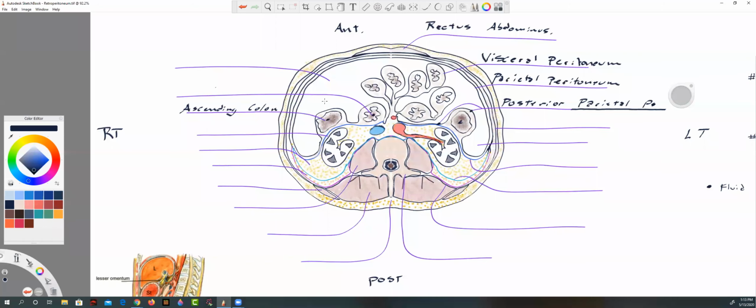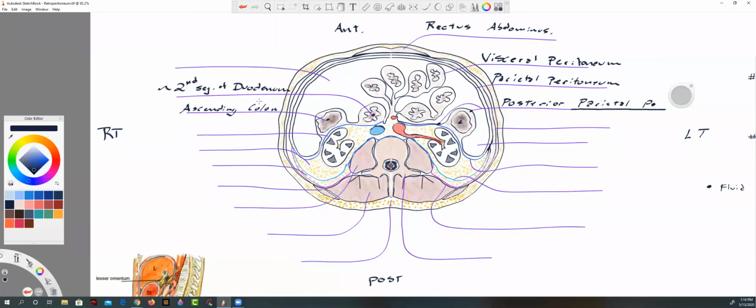Ascending colon, and then also, and this is once again not the most accurate image in the world as far as what we're really going to find at the level of the mid kidney, but since it's not colon and it seems like small intestine, but it's in this retroperitoneal cavity, this must be about the second segment, I think, of duodenum.